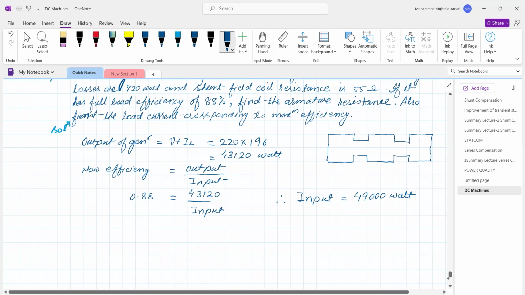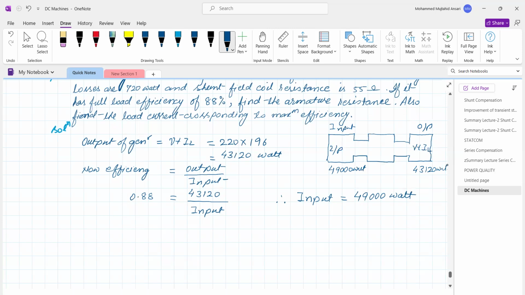Output is nothing but Vt into IL, whereas input is now 49,000 watt, and the output we have calculated is 43,120 watt. In between, these losses are there, say windage and frictional loss, and CU loss.